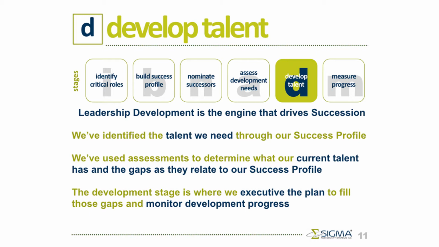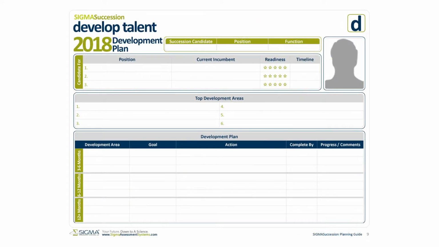There are obviously many different methods and combinations of methods to fill those gaps, including executive coaching, stretch assignments, mentoring, etc. And we'll likely address this in future webinars, as it can be a multiple set of webinars all by itself.